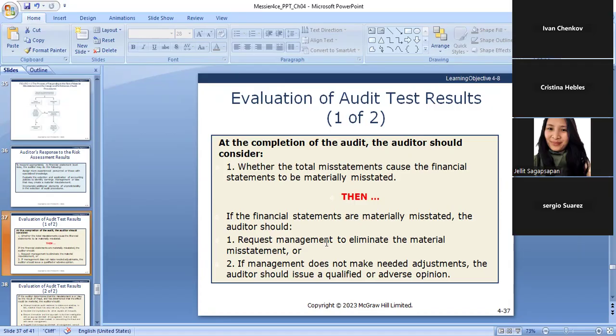So again, if the total misstatement caused the financial statements to be materially misstated, then we go to management and say, please eliminate those. Fix those mistakes. If they refuse, qualified opinion. If management ignores us completely and they know that those mistakes exist, then we go to the adverse opinion.